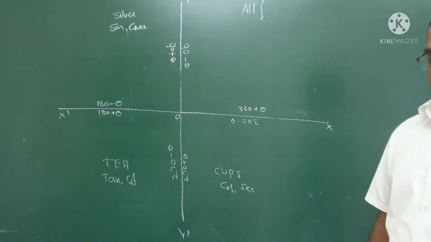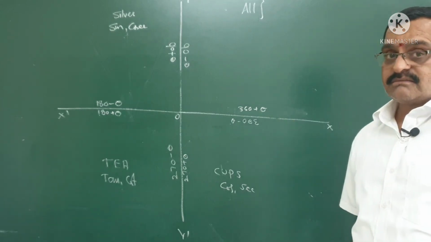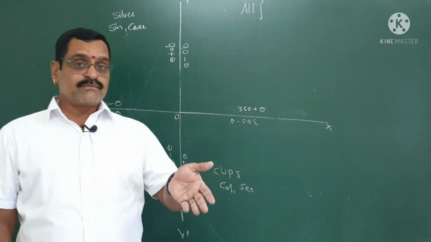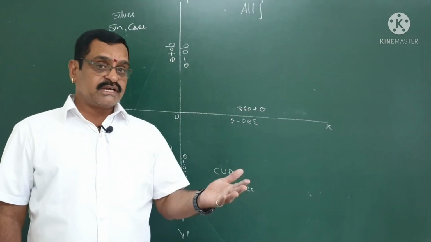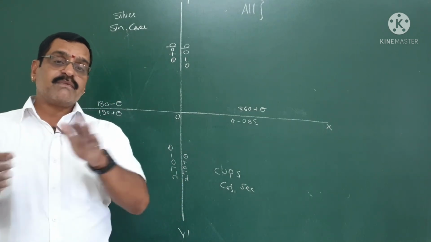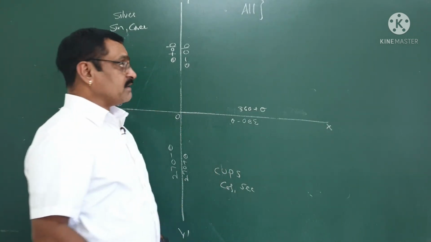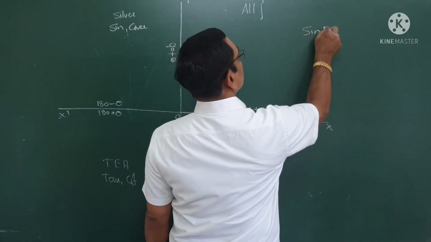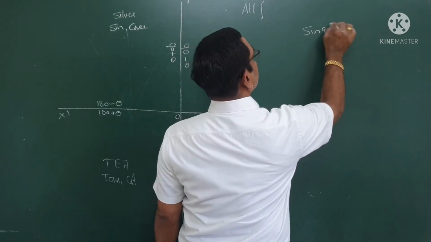Now, how to find? Just now we derived for 90 and 270 degrees that the x coordinate becomes the y coordinate and the y coordinate becomes the x coordinate. So based on that, suppose I want to find sine of 90 plus theta.